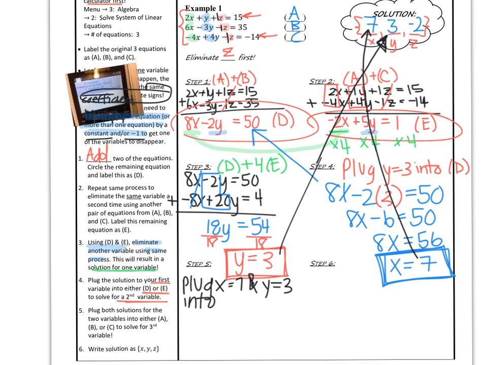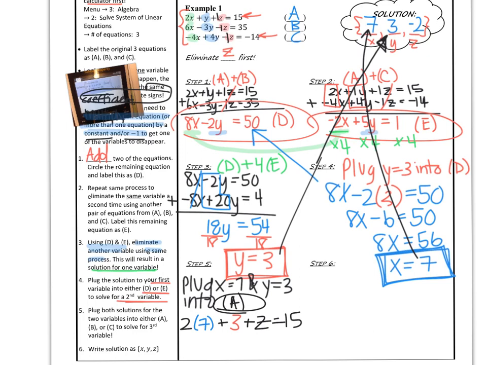I'm going to just stick with equation A, again, because it comes first in the alphabet. Sometimes I pick one that looks easiest to plug into. I don't know that one's easier than the other in this case. So we have 2 times our x value, which is 7, plus the y value, which was 3, plus z equals 15. And again, this was equation A way back up at the top.